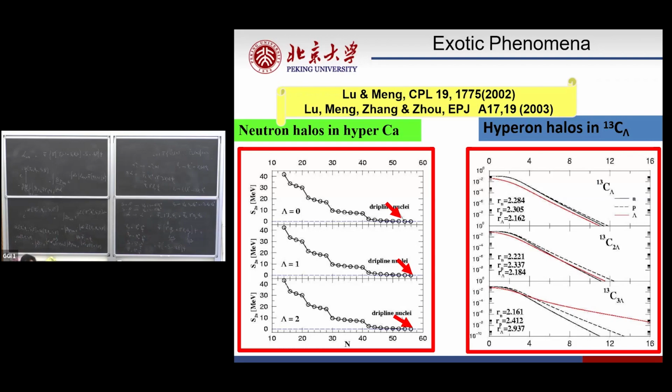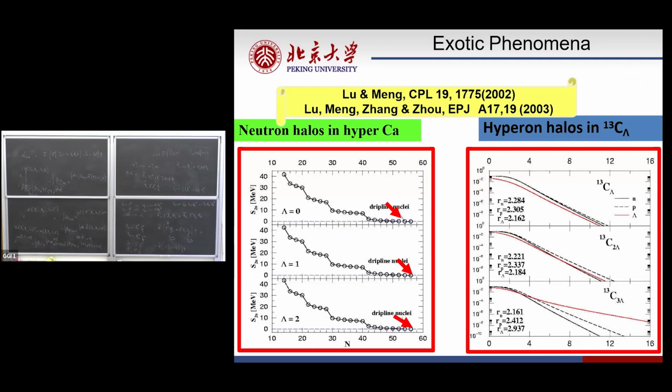If you have 3-lambda hypernuclei, immediately you will find you have hyperon halos. Why? Because if you have 1 or 2 lambdas, all of them must sit in the S1/2 orbit. But if you have 3 hyperons, 3 lambdas, one of them will sit in the P3/2 or P1/2 orbit.